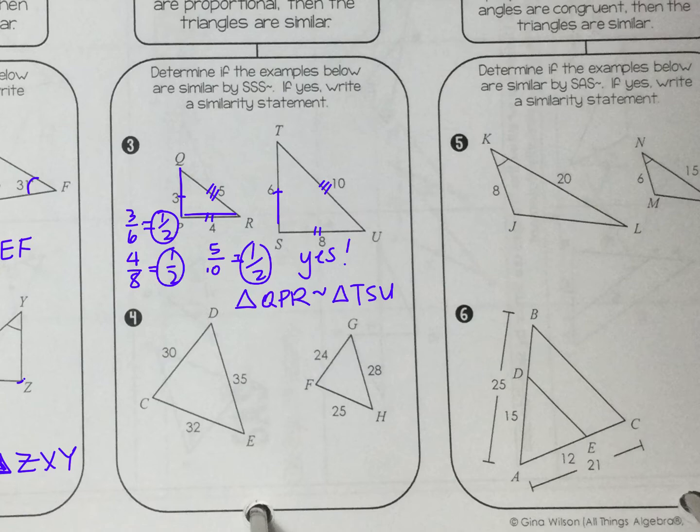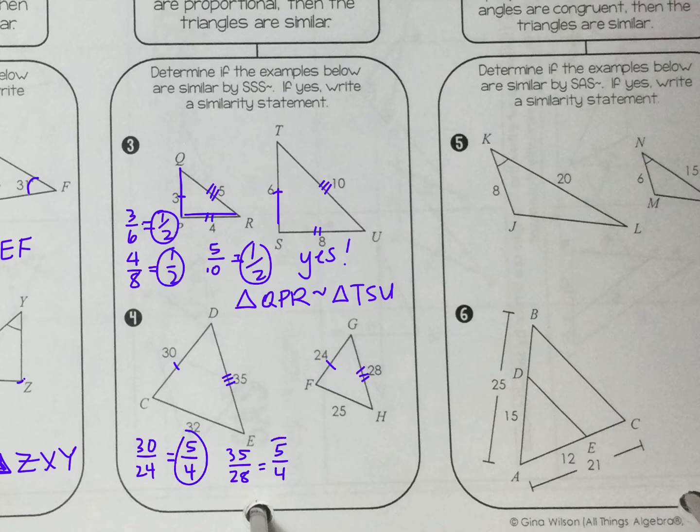Let's look at this next one. Let's start with the smallest side, 30 over 24. I'm just going to type that in my calculator, hit enter. I write it as a fraction. It reduces it to 5 over 4. Yay! Now I'm going to pick the longest side. 35 over 28. Reduce that, 5 over 4.